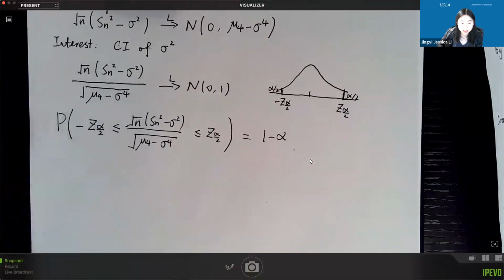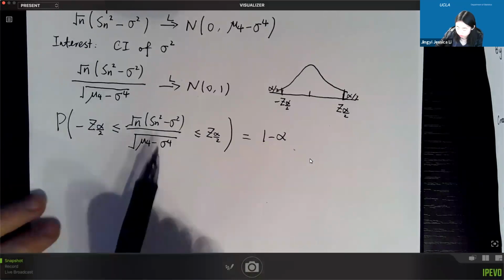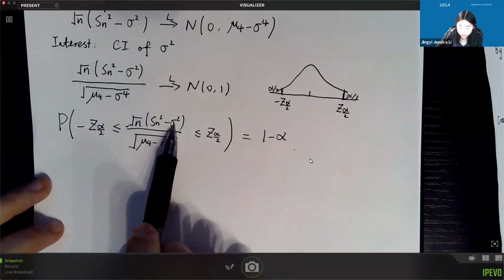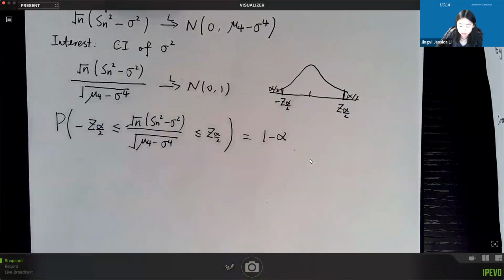Okay, and then we want to do some algebra to leave just sigma squared in the middle, and move everything else to the two sides.